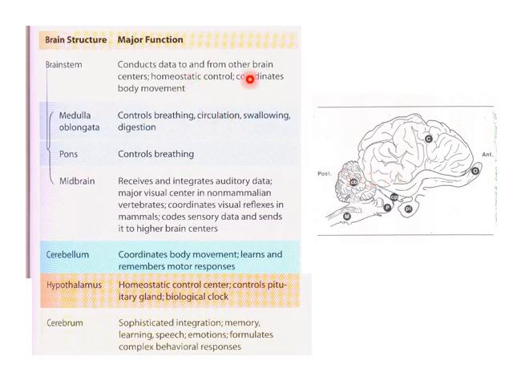You've got temperature controls, blood controls, coordination of body movement, control of breathing, circulation, swallowing, digestion, integrates data, moves things on. Then you've got the midbrain as you move up. The pons and the midbrain are going to control the lower order functions, the things we don't think about.